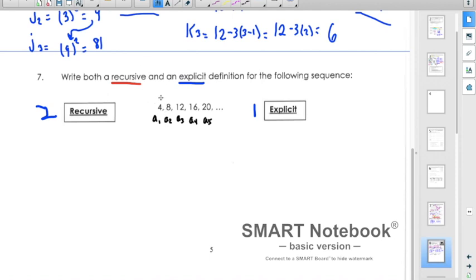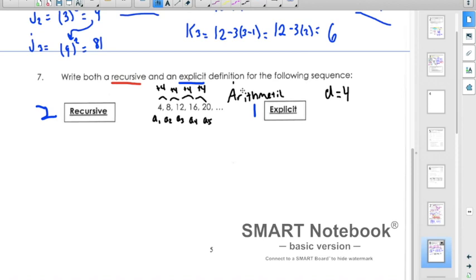Well, let's look. 4 to 8, 8 to 12, 12 to 16, 16 to 20. Looks like we're adding 4 each time. Since we're adding 4 each time, that tells me it's going to be arithmetic. So we have a common difference of positive 4.